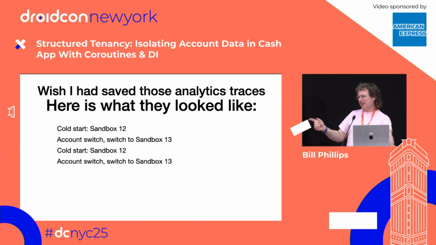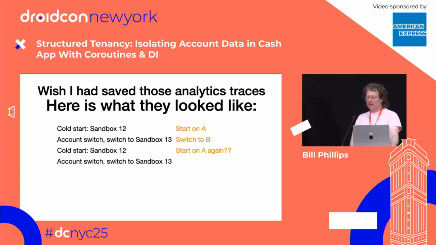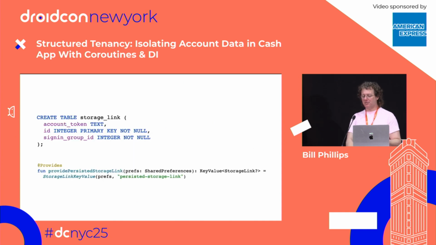So that was kind of what I was suspecting maybe was happening. It looks like they're starting on A, switching to B, starting on A again and switching to B again, like they're repeating what they're doing over and over again. Never able to repro this, not once, right? But I did have something I suspected.